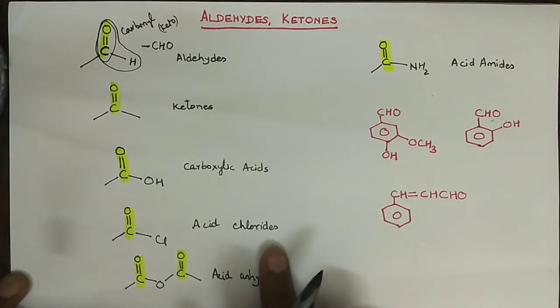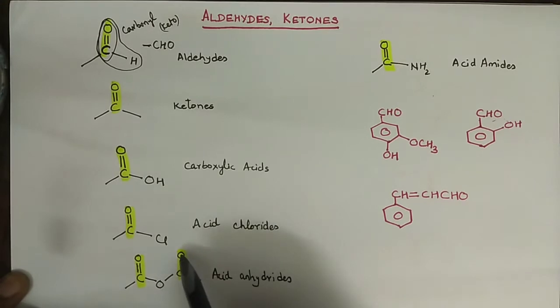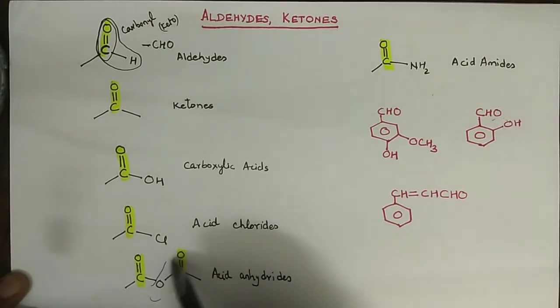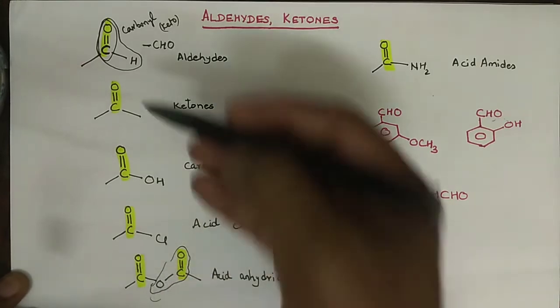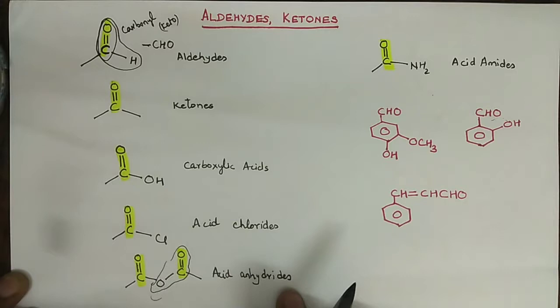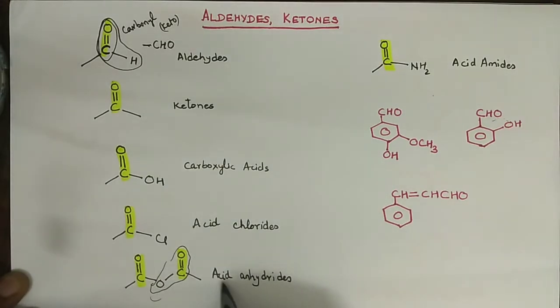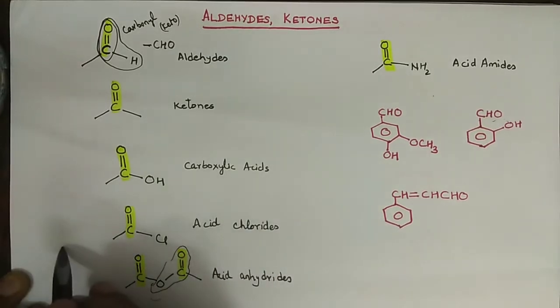And if you have some carboxylate group attached to this carbonyl, instead of hydrogen, then it is called acid anhydride. Basically, acid anhydride is made from carboxylic acid. Let me explain how.